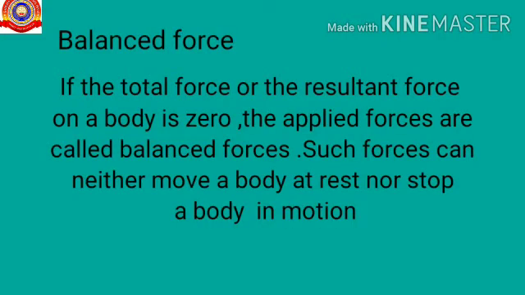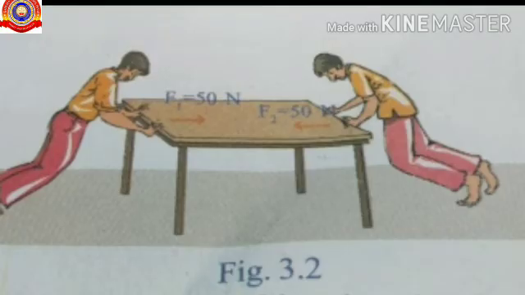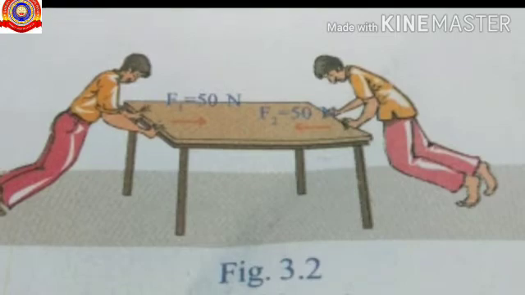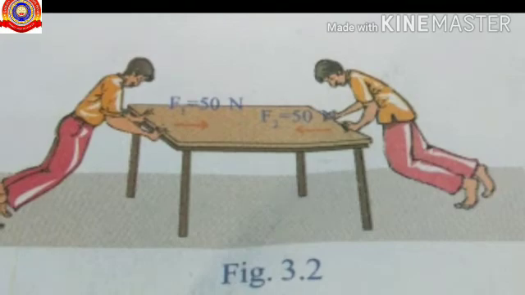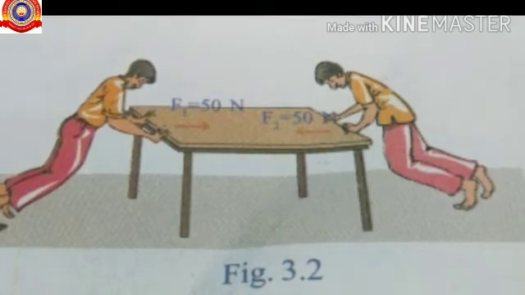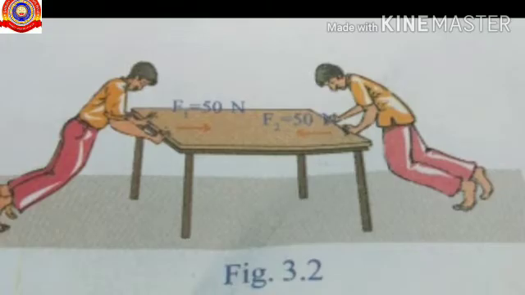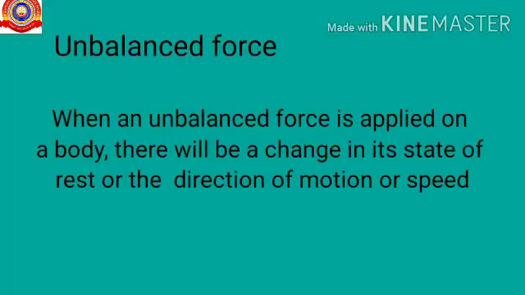So let's see what is balanced force. If the total force or the resultant force on a body is 0, the applied forces are called balanced force. Such forces can neither move a body at rest nor stop a body in motion. We already saw that in our second figure, where two boys push a table with equal force in opposite directions. The total force is 0, so it doesn't cause any movement.